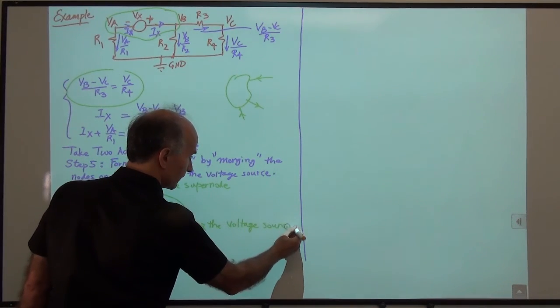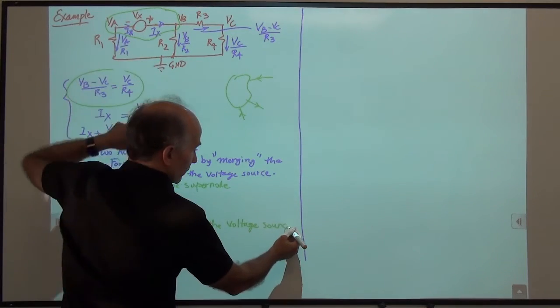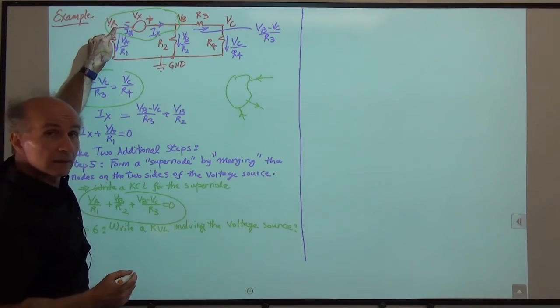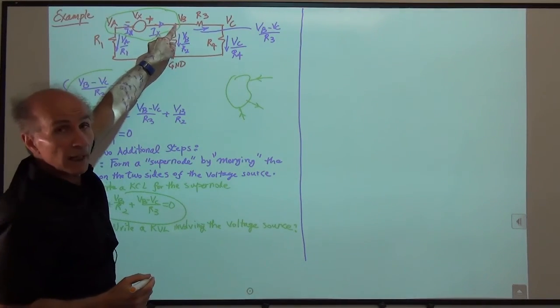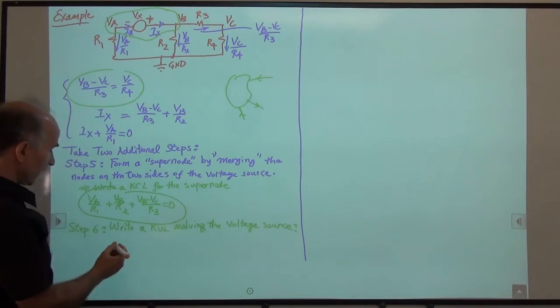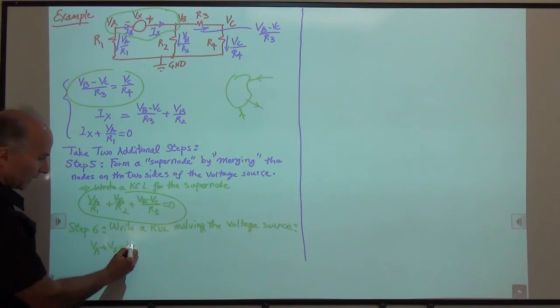And that's pretty simple. All we need to do is we have VA over here, and then here we have VB. And the difference between these two is this voltage source Vx. So all I need to say is VA plus Vx is equal to VB.